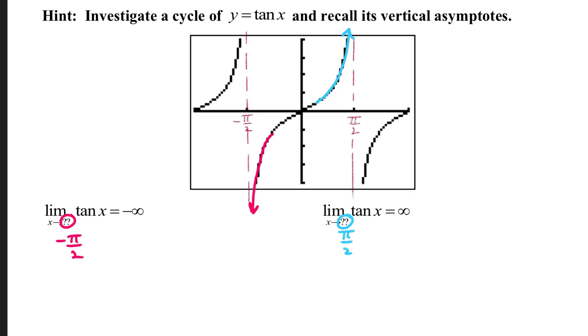If you go clockwise 90 degrees on your unit circle, you're going to land at negative pi over 2. At that location, you're at the point 0, negative 1. Negative 1 divided by 0 is also undefined, creating a vertical asymptote. In fact, for tangent, you'll have a vertical asymptote at all odd pi over 2's.